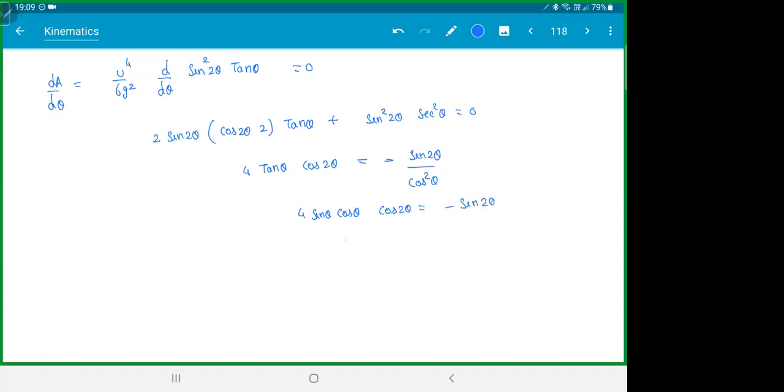Again, that is 2 sin 2 theta. Cos 2 theta is minus sin 2 theta. Again, this goes off. We get cos 2 theta is equal to minus half. 2 theta is 120 degrees and theta is 60 degrees. Check. That's how we do that.